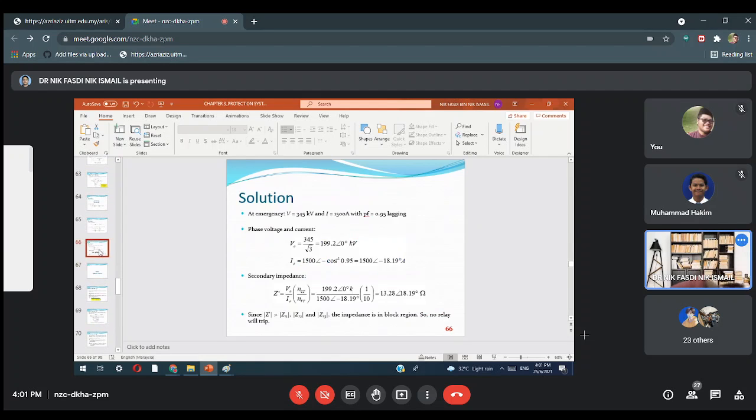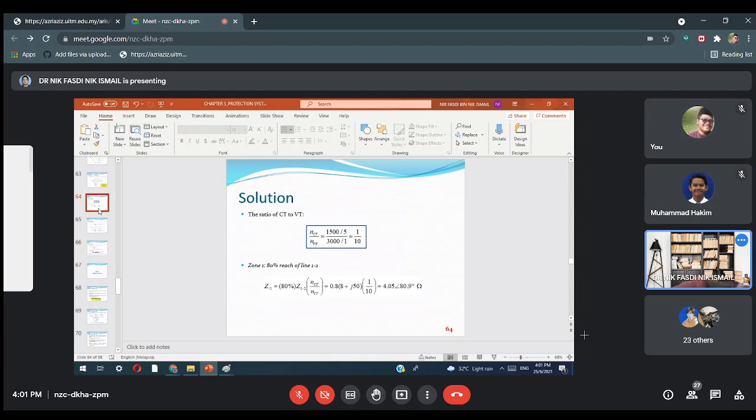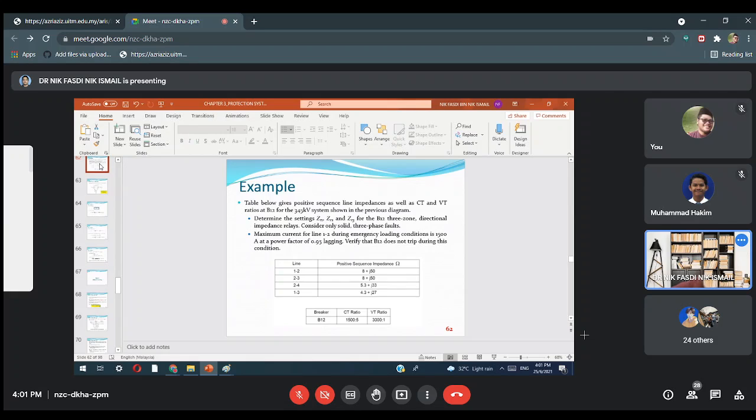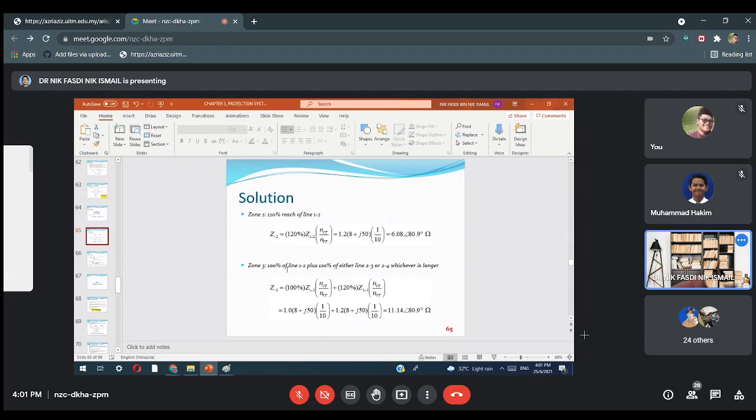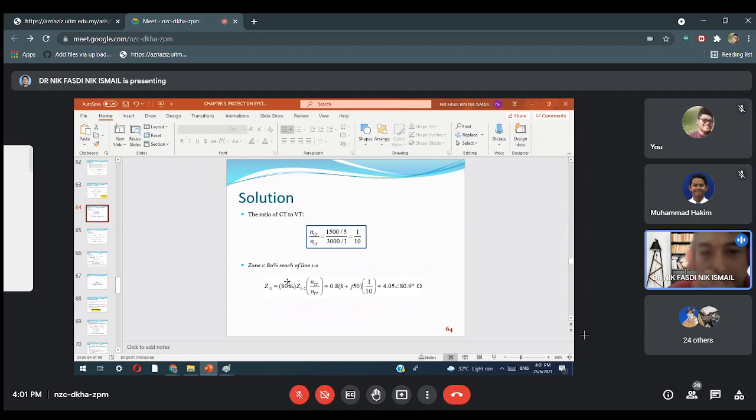For the first one, R1 is 80%. Z12 from the question above is 8 plus j50. And then NCT over NVT.